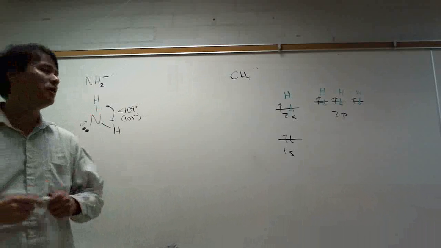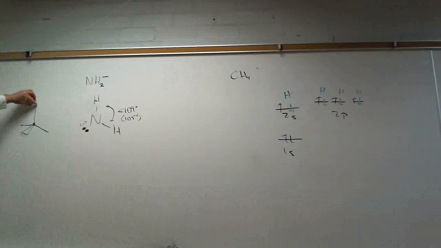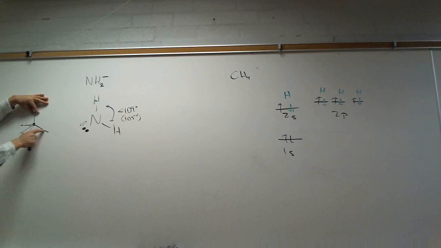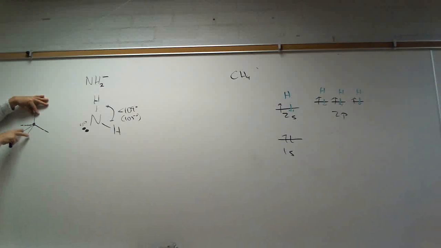But if I put one here, which one is the other side? All of them? They're all the same. And so no matter which position I pick, it's going to give me the same thing, so it doesn't matter.